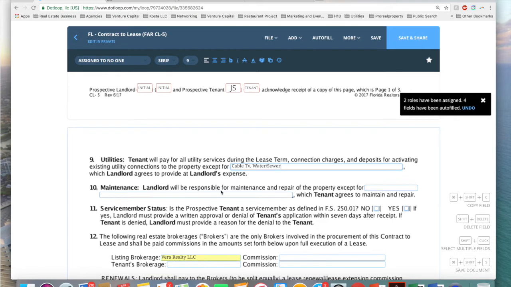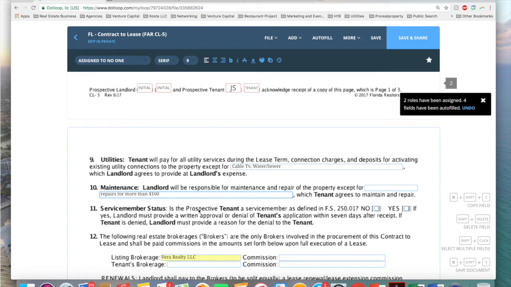So landlord will be responsible for maintenance and repair of the property except for, so here we need to specify. Sometimes small maintenance are responsibility of the tenant, so we can say the repairs for more than $100, which tenant agrees to maintain and repair.